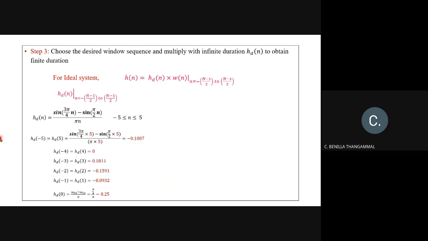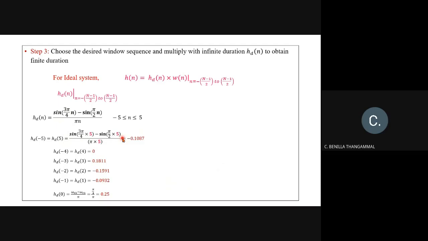Then A question mark will be displayed in your calculator. Now just substitute your value of A as 5, press equal to and check whether you're getting the same answer. If you are, then you can proceed with the further values from 4, 3, 2, 1 and minus 1, minus 2, minus 3, minus 4 and minus 5.